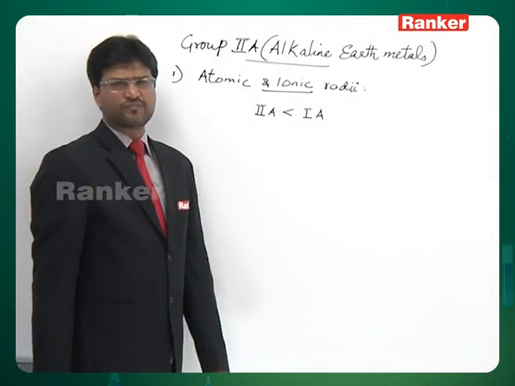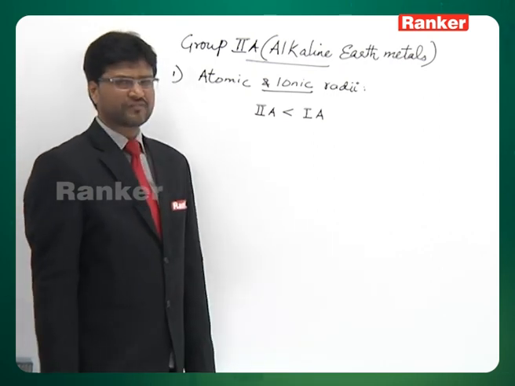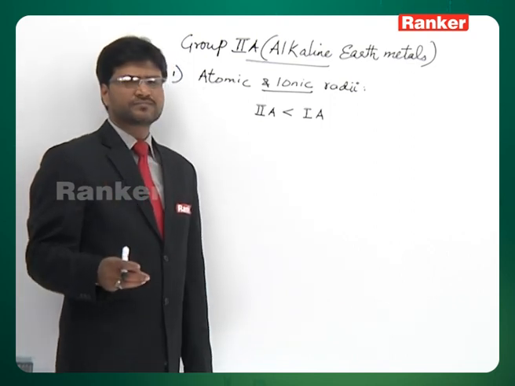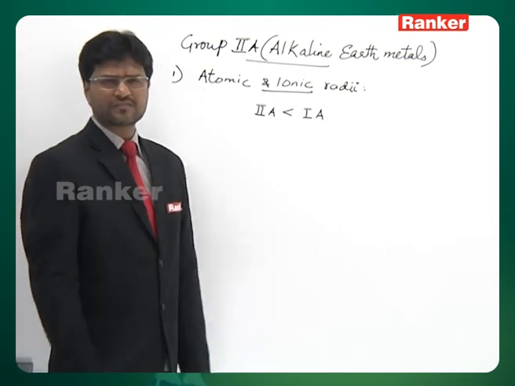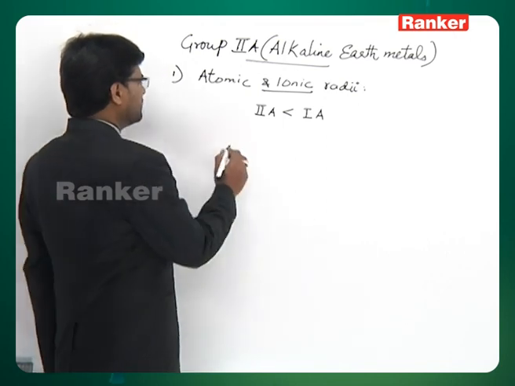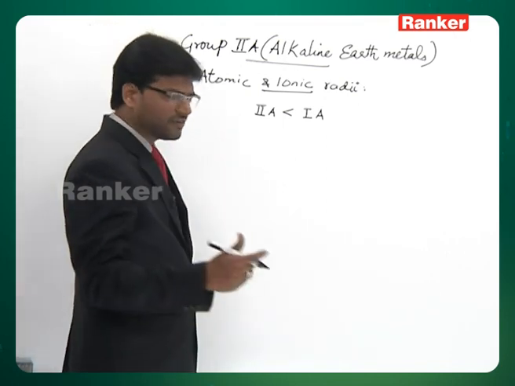The size of 2A metals, whether it is ionic size or atomic size, is less than corresponding 1A. For instance, beryllium is smaller than lithium. Similarly, magnesium is smaller than sodium of the 1A group. And then down the group, size increases, whether it is ionic size or atomic size.